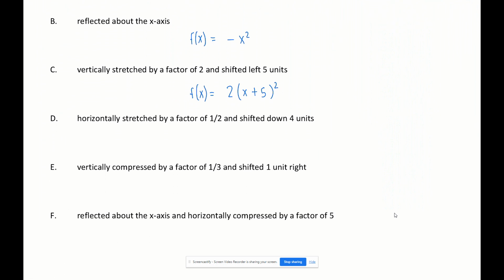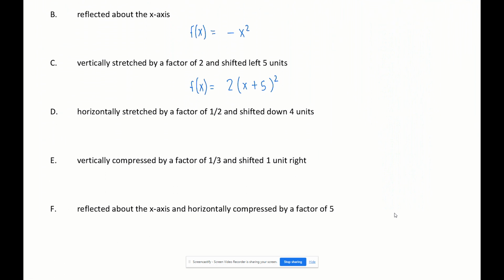I hope this is making sense. D, it's horizontally stretched by a factor of 1/2. Guys, where does horizontal stretch have to happen? It has to happen inside. So let's go ahead and put inside that 1/2 of x. And it's also shifted down 4. Where does that happen? Well, it happens outside.